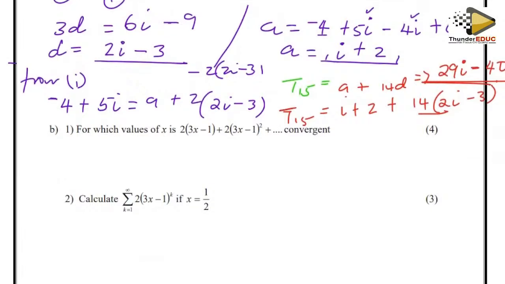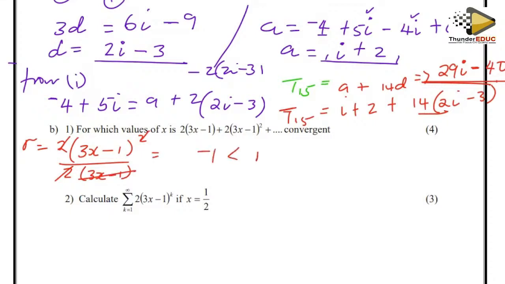Then part B. For which values of x is this convergent? So remember, all we need in all of this is just the common ratio and the condition. So for the common ratio, we get the 2 into 3x minus 1 squared, and I'm dividing it by 2 into 3x minus 1. So this cancels that, this kills one of the brackets, so that our ratio is just 3x minus 1.